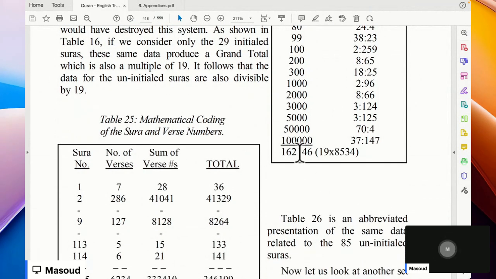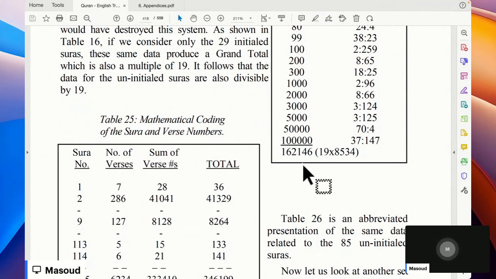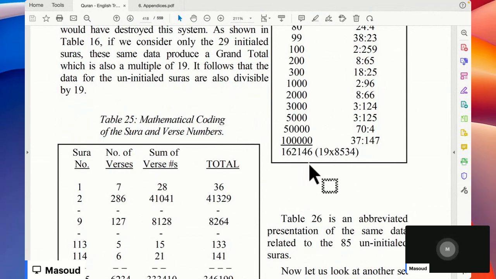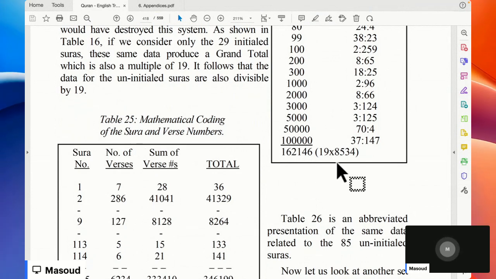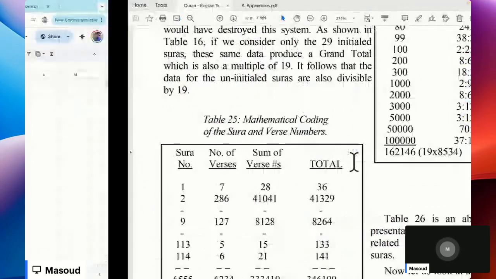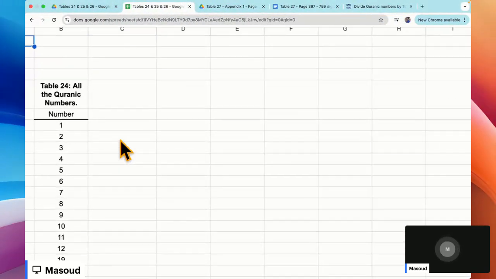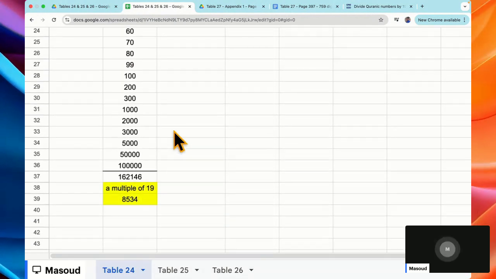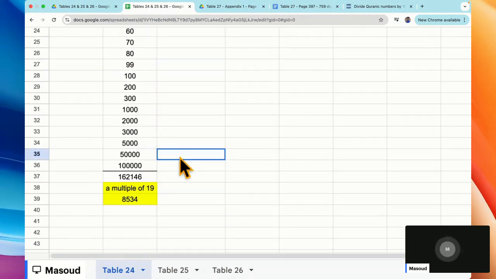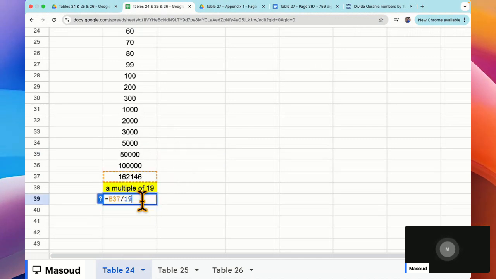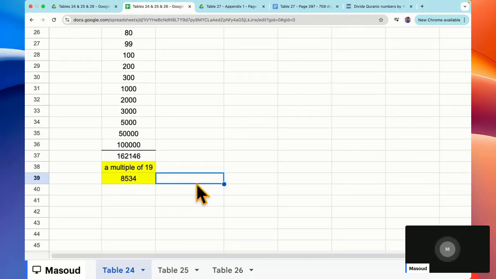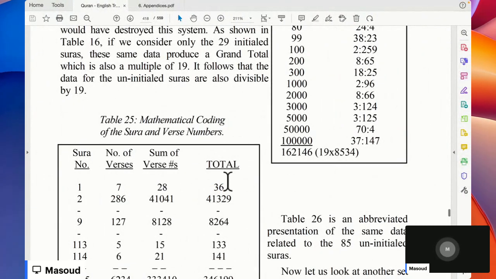These numbers add up to a multiple of 19, and that is 162,146, and that is 19 times 8,534. I have brought these numbers in this table again, a very straightforward table, and we have the sum of all these numbers here, and it is a multiple of 19. SubhanAllah, God be glorified. This is absolutely fantastic.